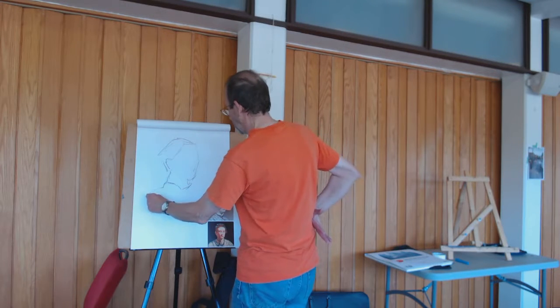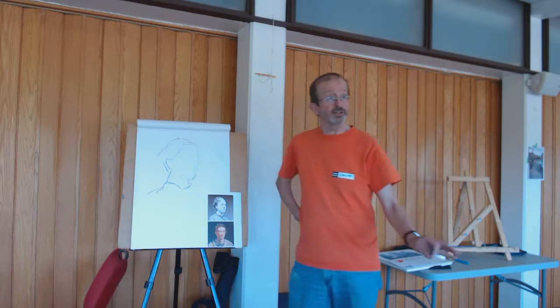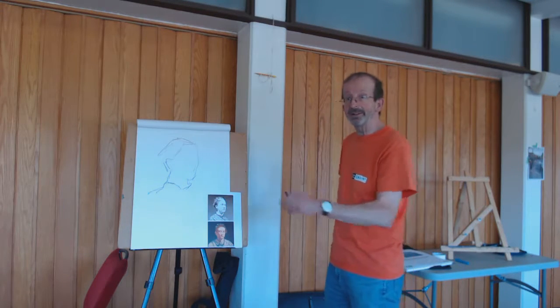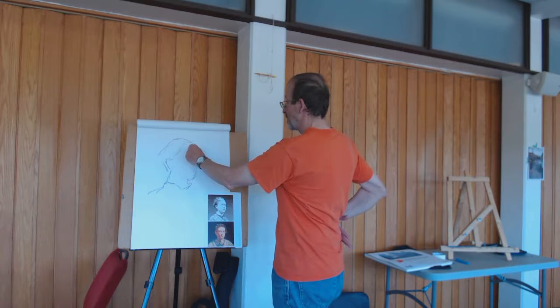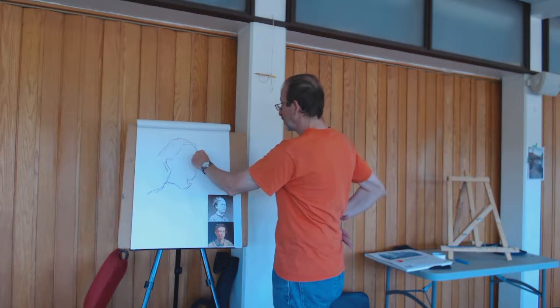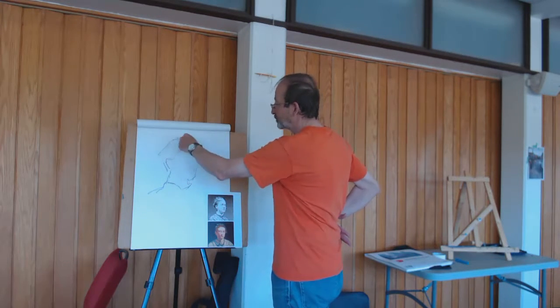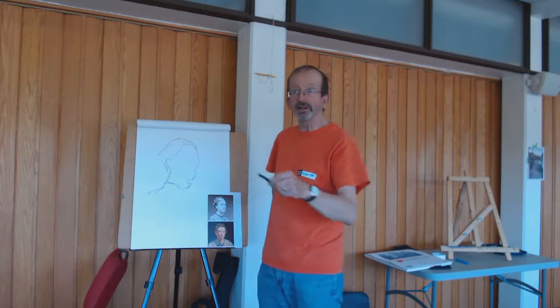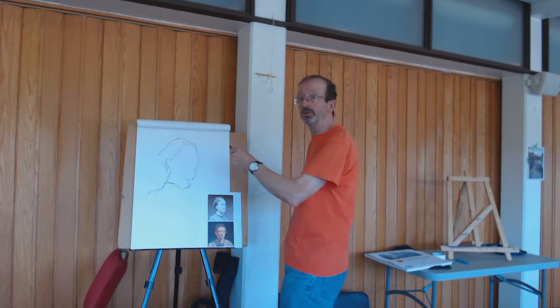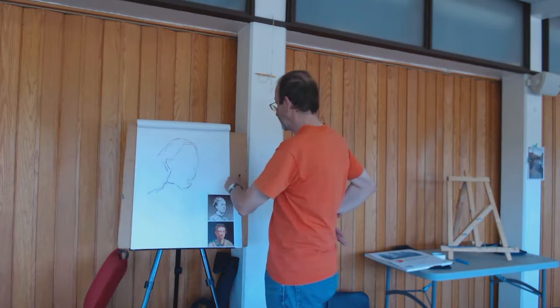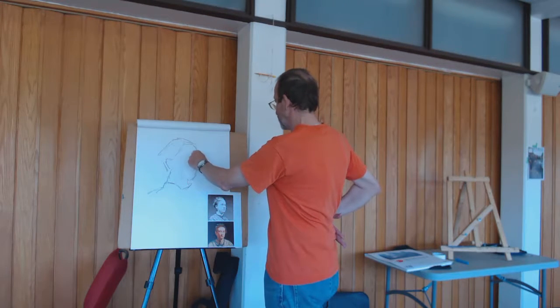So I'm definitely not looking at the features. I'm looking at the overall spaces that I'm seeing, and I'm doing things with squiggles and straight lines. I'm not trying to do smooth curves at this stage because smooth curves tend to fool you, right?